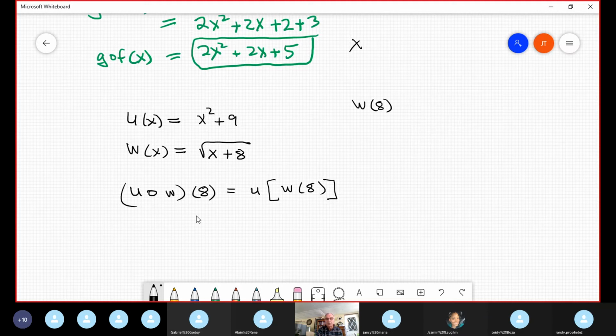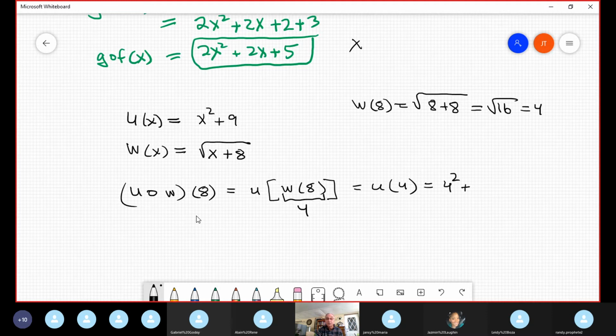W is this, so it's the square root of 8 plus 8. 8 plus 8 is 16, and the square root of 16 is 4. And this 4 is substituted here. So U evaluated at 4, because I discovered that W at 8 is 4. Now you evaluate U at 4. So when you evaluate U at 4, it's 4 squared plus 9. 4 squared is 16, and 16 plus 9 is 25. And the answer is 25.